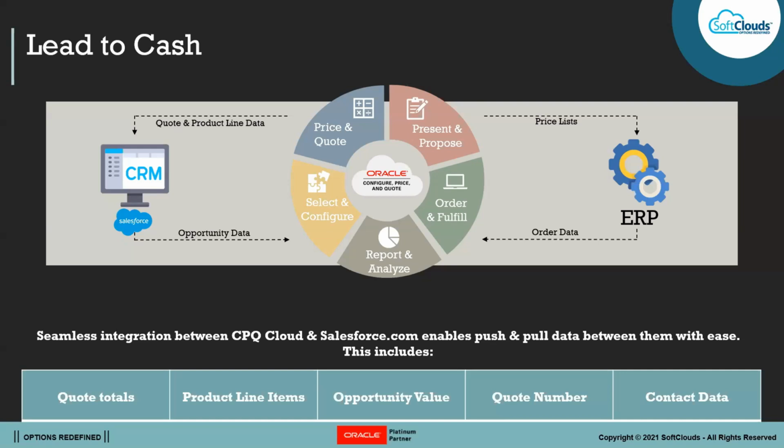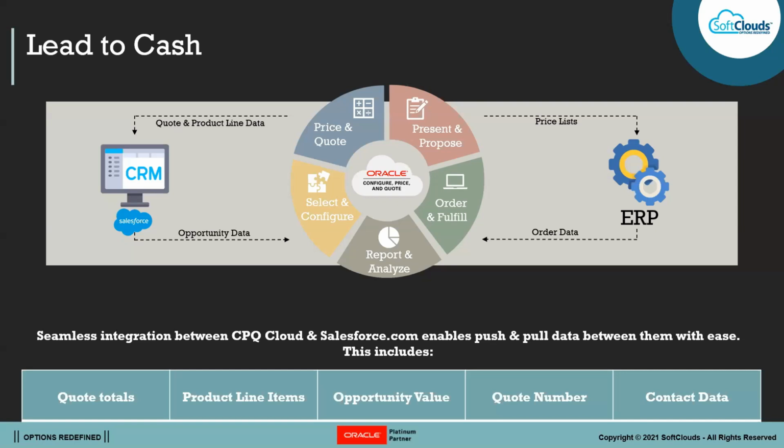So we often refer to CPQ as the middle office. And the reason we do that is because it sits between the Salesforce automation, or CRM, at the front end and the ERP platform on the back end. The seamless integration between CPQ and the CRM allows data to be pulled and pushed both ways very easily. And what that says is then the quotes can be created quickly.